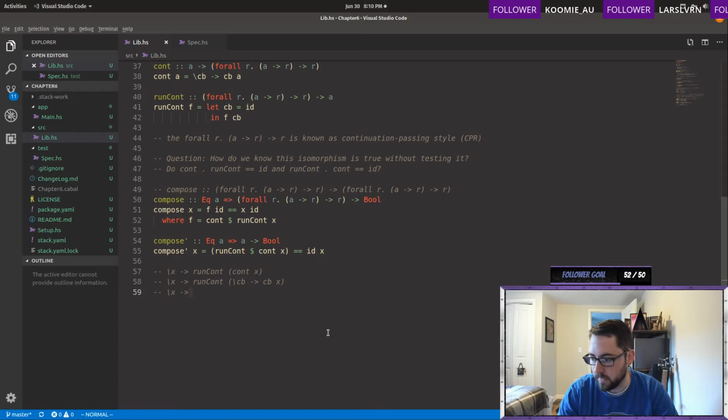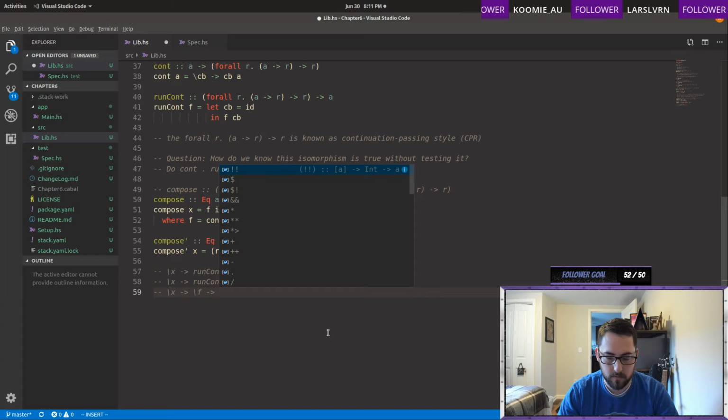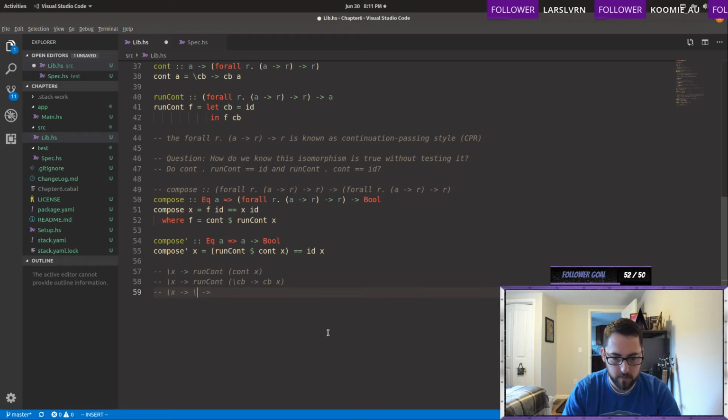Types and values aren't completely integrated. Right. Okay, I see. So this is F. CB X id.